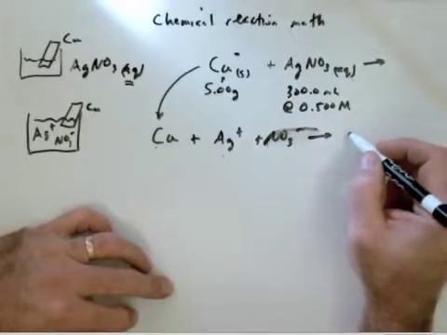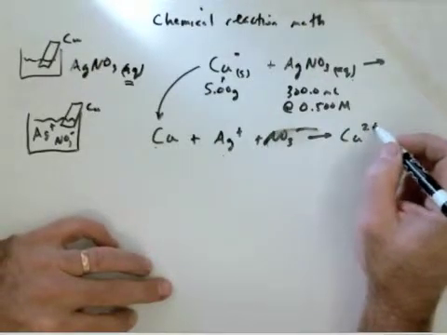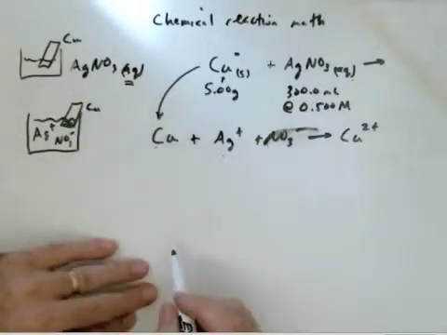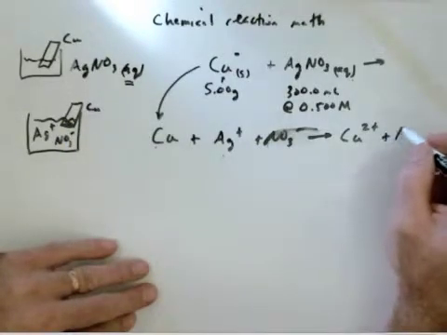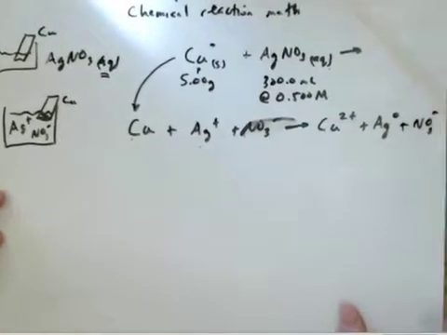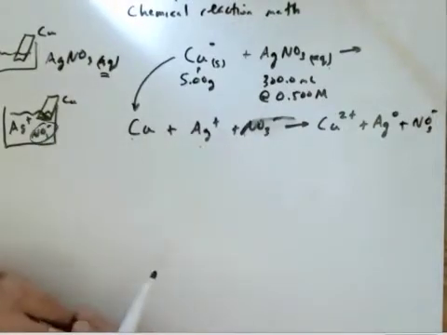We learned in class, because the solution slowly became blue, that it was forming copper 2 ions. There was a metal that formed on the copper that we determined was silver metal, and the nitrate ions sort of floated around. Okay, and so we had a name for the ions that didn't do anything. They were the spectator ions.